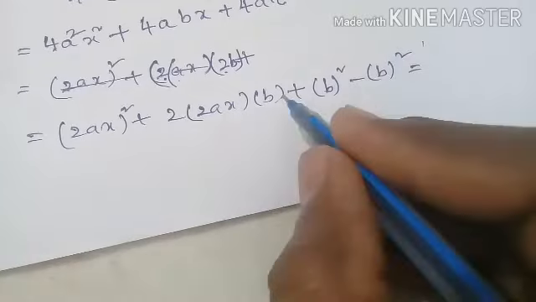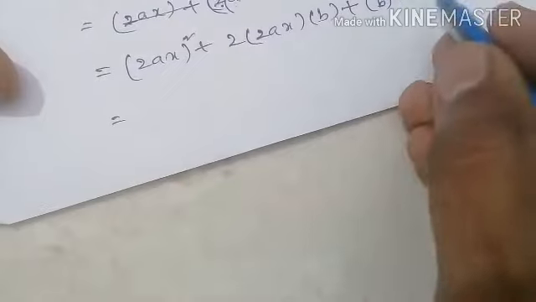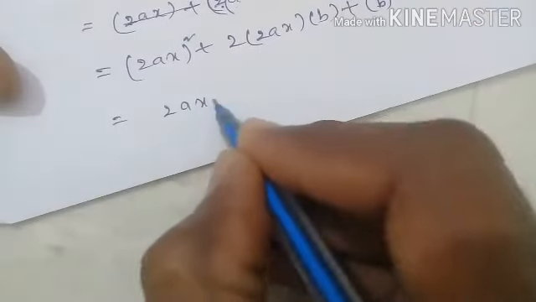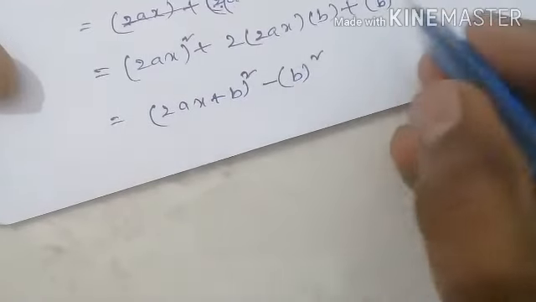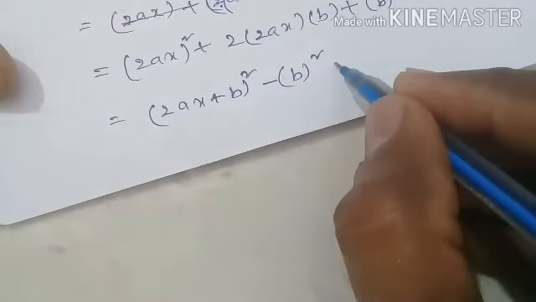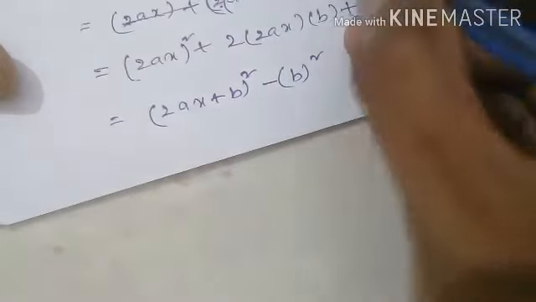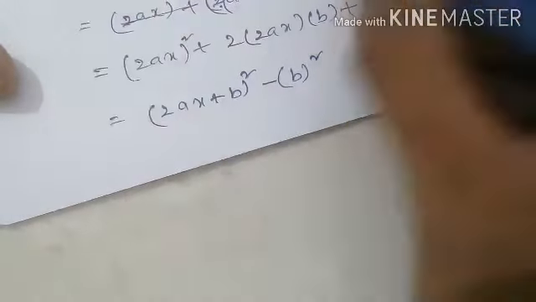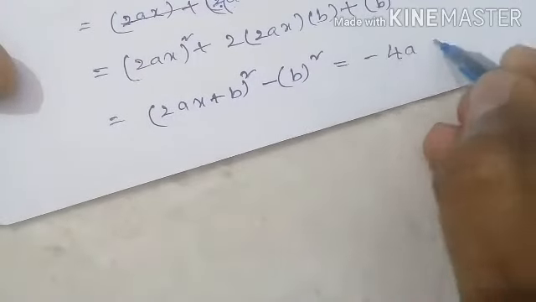Then we know that a square plus 2ab plus b square is equal to 2ax plus b whole square minus b whole square plus 4ac is equal to 0. Then 4ac transposed becomes minus 4ac.